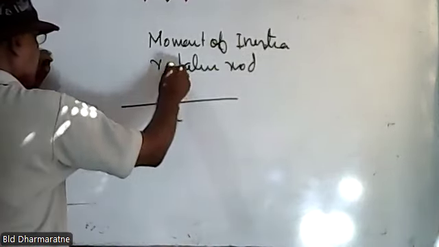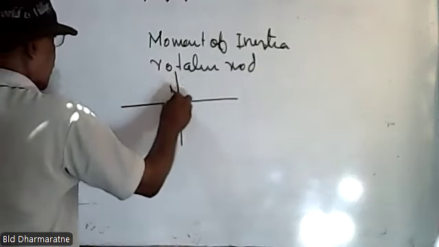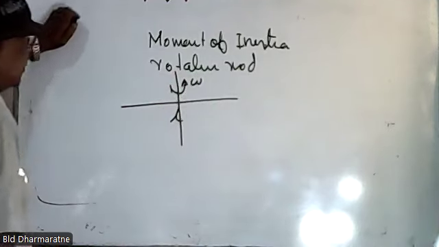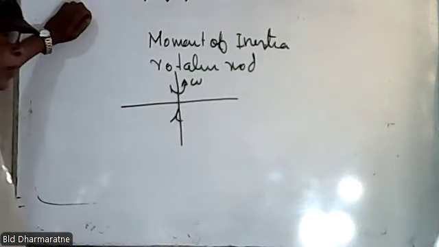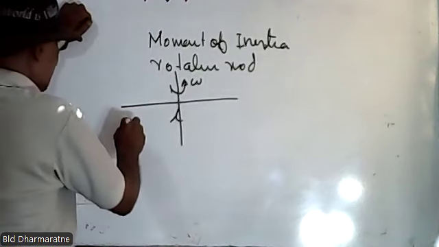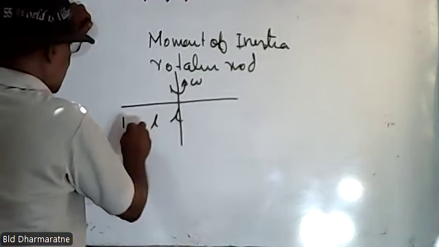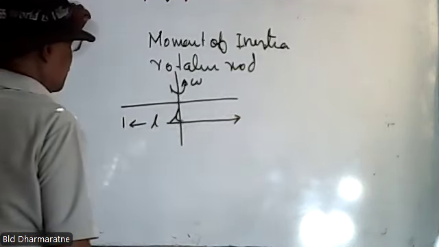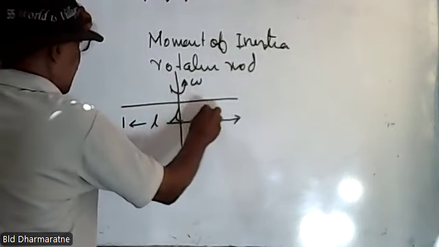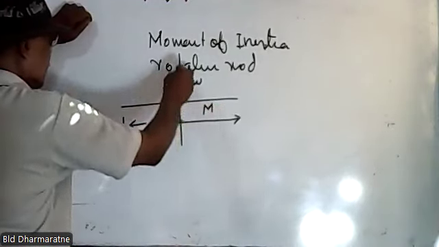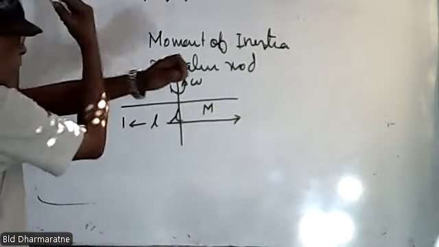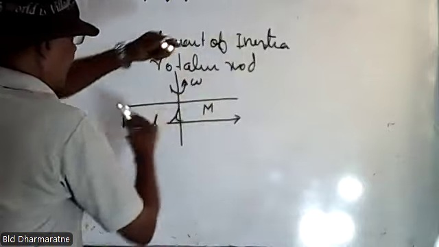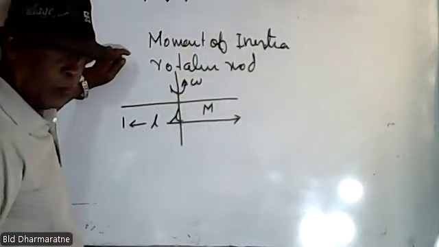Then the perpendicular axis rotates with angular velocity omega. The length of the rotating rod is L, the mass of the rod is capital M, and the axis is perpendicular through the center.